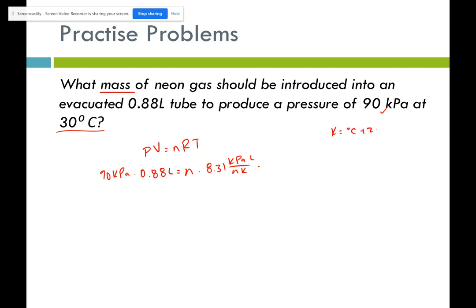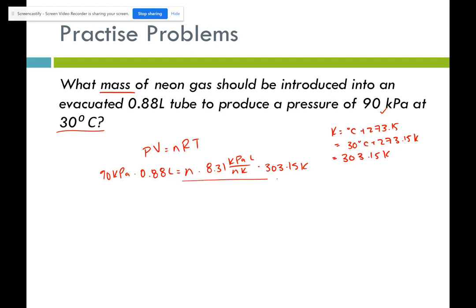So you're going to get really good at converting between these two. Okay, so now we'll put in 303.15 Kelvin.